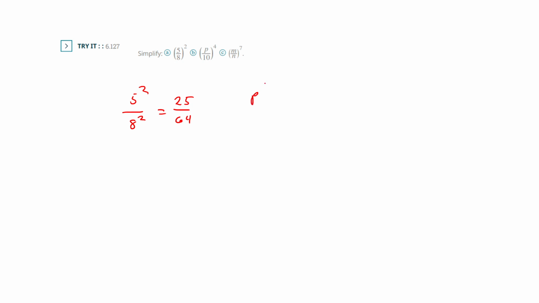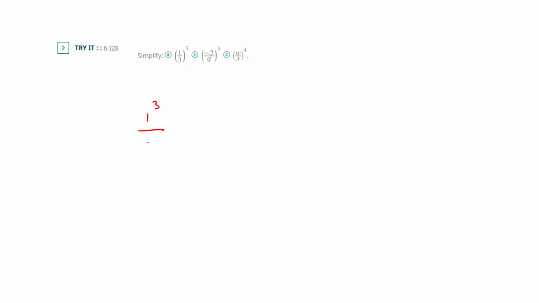Let's make this p to the 4th over 10 to the 4th. And let's make this m to the 7th over n to the 7th. Okay, I've got 1 to the 3rd over 3 to the 3rd. Well, that's still just 1, and that makes 27.